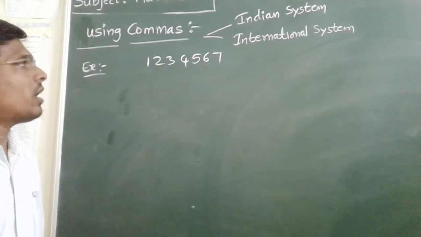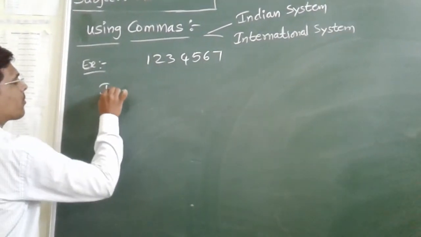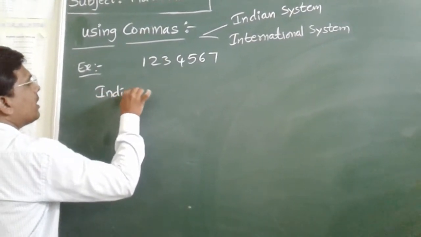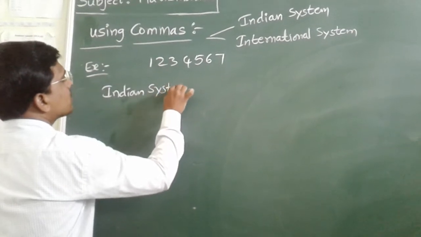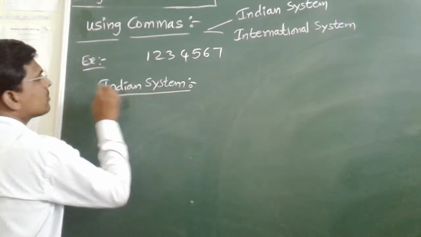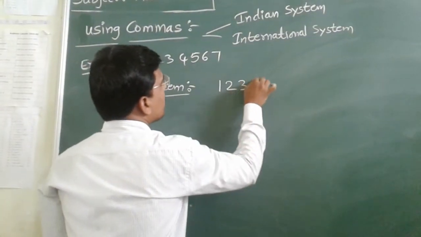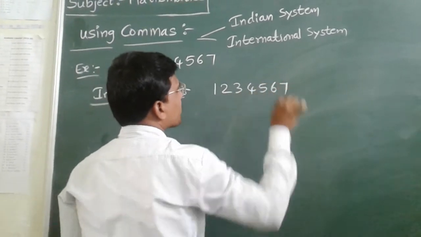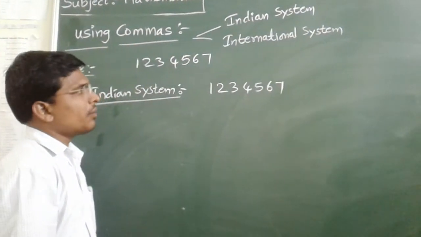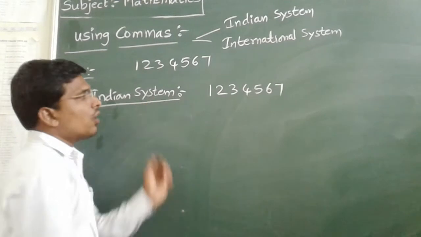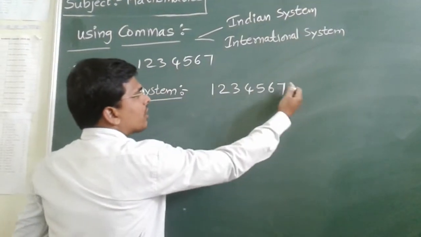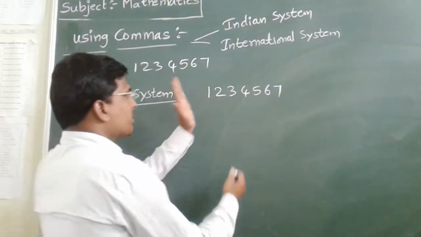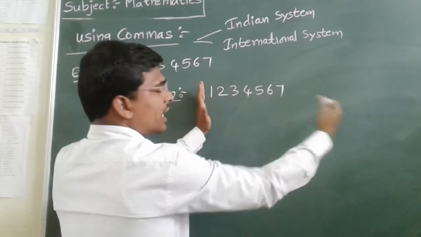For example, if you take 1 2 3 4 5 6 7 and you don't know how to read it, according to the Indian system we can put the commas. We keep the comma after three numbers from the right hand side. This is my left hand side and this is my right hand side.